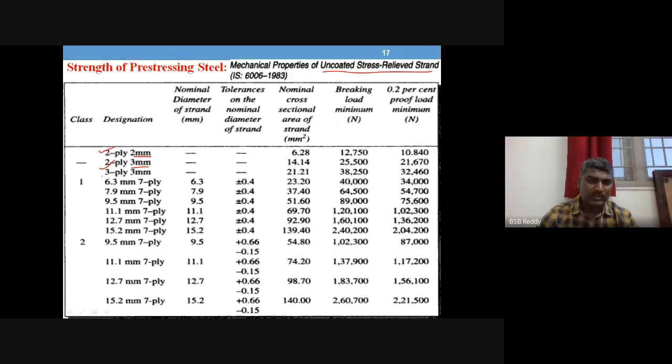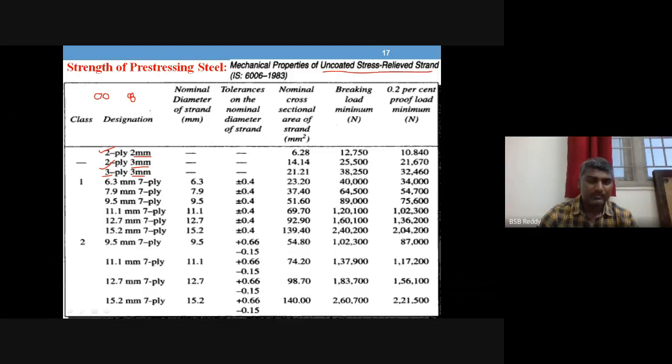What does this mean? 2 ply means there will be 2 wires of 2 mm, and 2 ply 3 mm means 2 wires of 3 mm. 3 ply means there will be 3 wires of 3 mm that make up the strand.